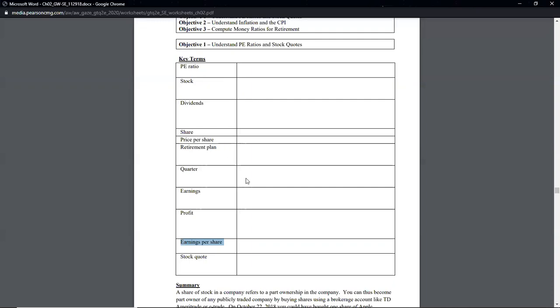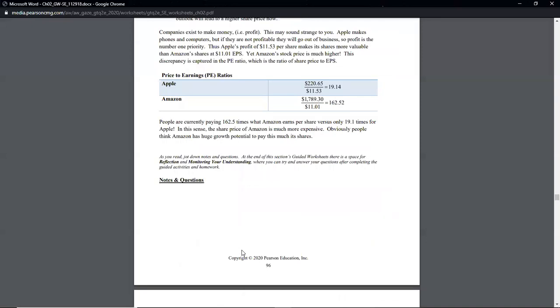And then a stock quote gives a bunch of different information about a stock, like the price per share, what it's done over the past day, how many shares they traded in the past day, what their 52-week range has been, what their high and low has been for a day and a year, dividend, earnings per share, yield, little charts, all sorts of things.